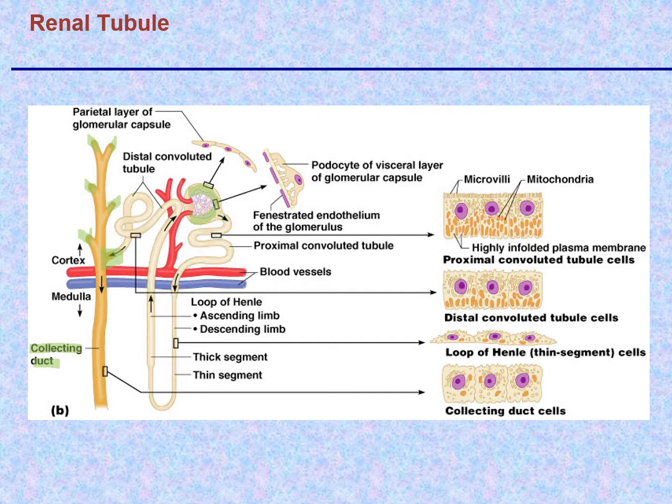The structure of the tubules, I would remind you, starts with the glomerular capsule here and continues with the proximal convoluted tubule, this area here, and then the loop of Henle, which has a descending limb and then an ascending limb, and the tubular system then goes back up and comes very close to the glomerular capsule and glomerulus where it originated from, and now up here in this area in the cortex, it is called the distal convoluted tubule and goes to the collecting duct.